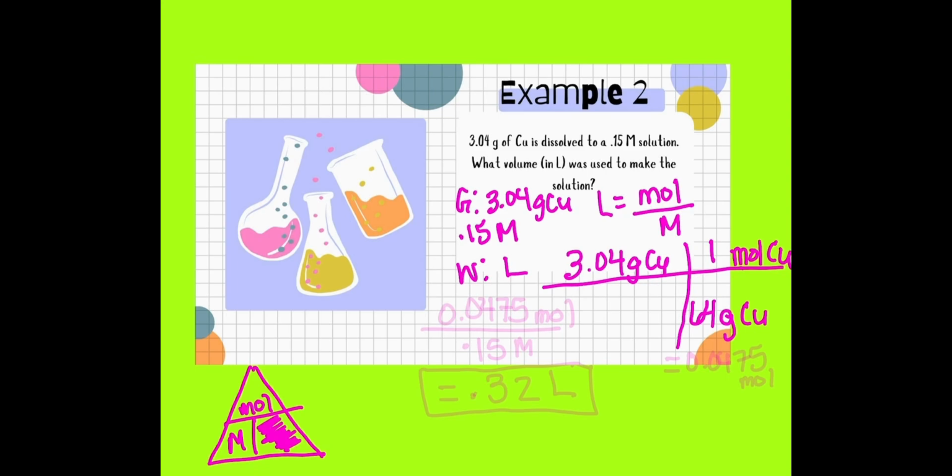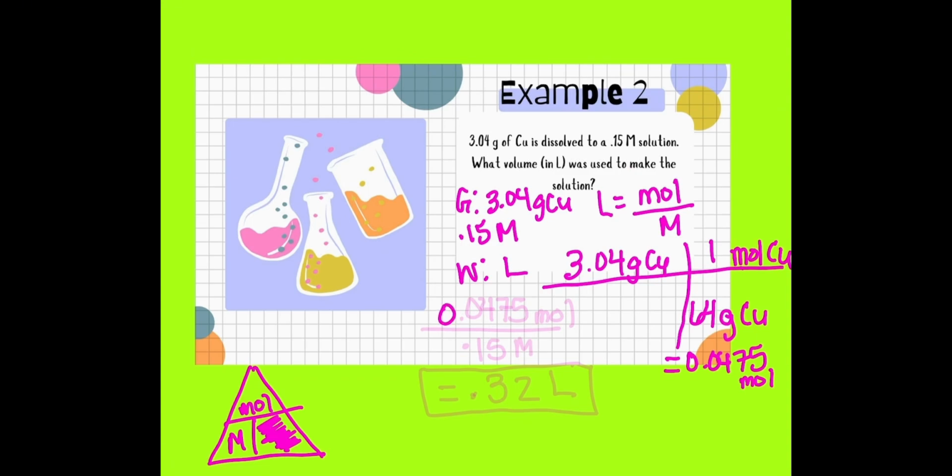With that, I am now going to do the math. I'm going to take 3.04, put it in my calculator, and divide that by 64. That is going to provide me with the answer of 0.0475. Okay, so this is my number of moles. Now I can take my formula of L equals mole over molarity.